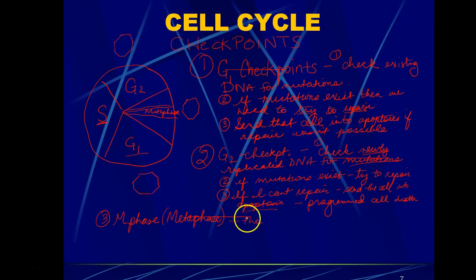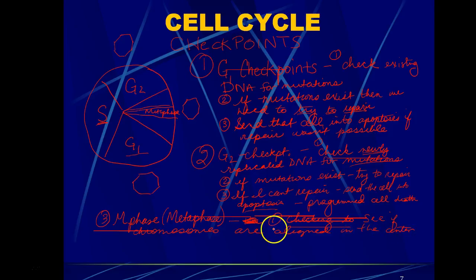So what do we want to do? Erase that or scratch it out. Well, what are we checking? We are checking to see if chromosomes are aligned in the center of the cell.